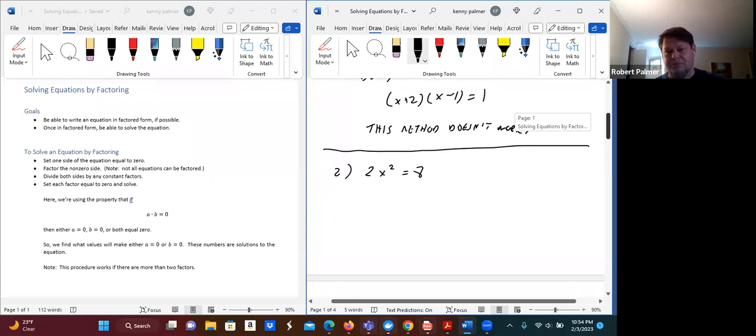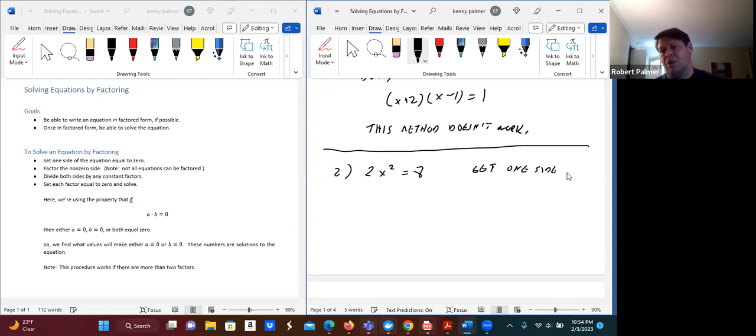Now, let's get one side equal to 0. So subtract 8 from both sides, and that will give us 2x squared minus 8 is equal to 0.